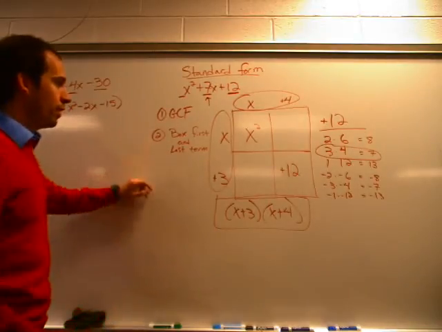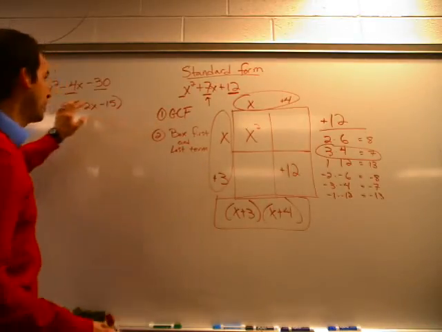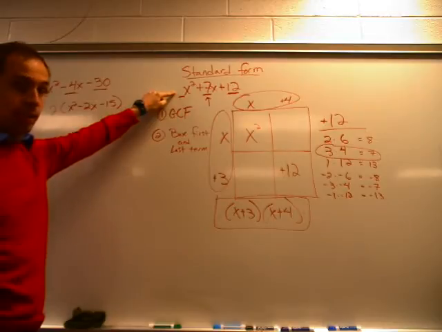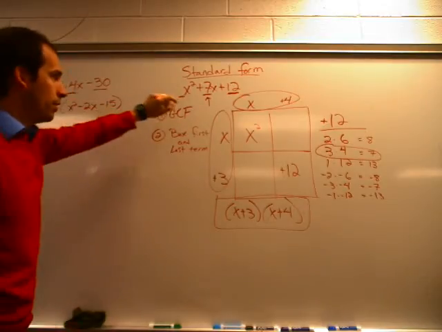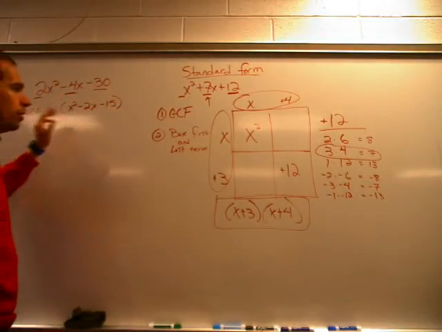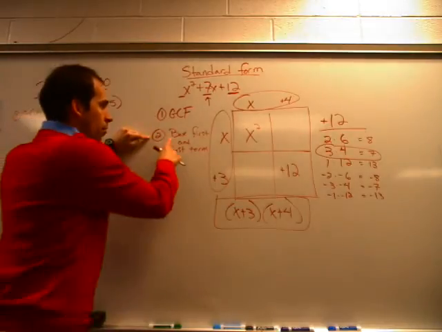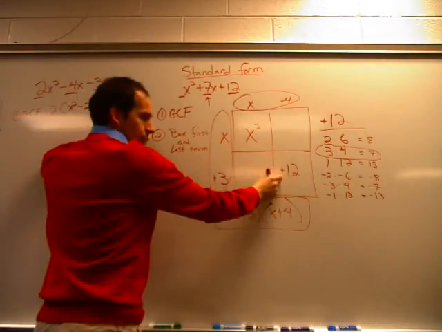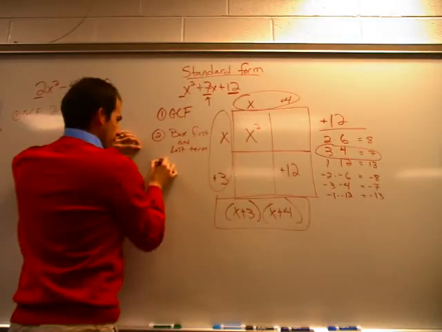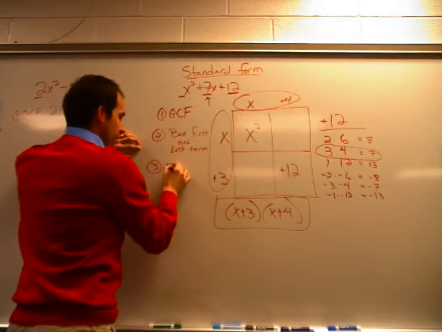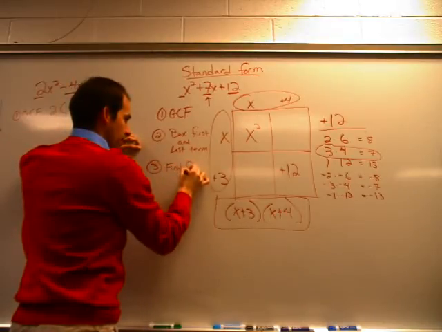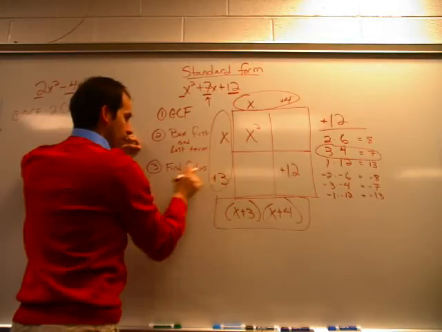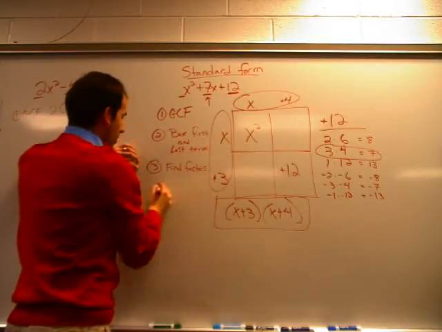So if I were to finish writing the steps, the first thing I did was find the greatest common factor. Here, there wasn't any. There's just 1 times everything. Over here, it was 2, and we'll get to that. The second is I want to box the first and last terms. The third thing, find factors. Okay, we're finding factors of the first and last term.